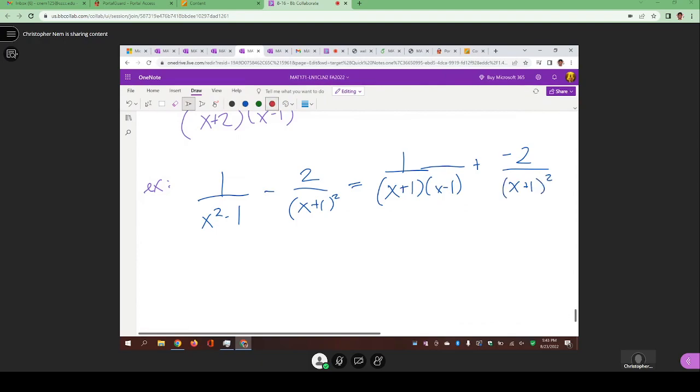Now, a little heads up. If you have a fraction, let's say 1/2, if I want to apply a negative to it, the negative can go on top, it can go on bottom, it could go on the entire fraction, but it cannot be on both. Why? Because a negative divided by a negative is a positive.